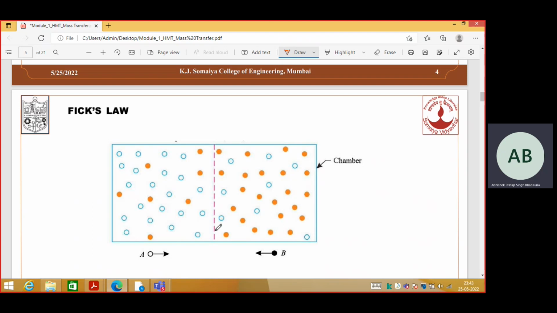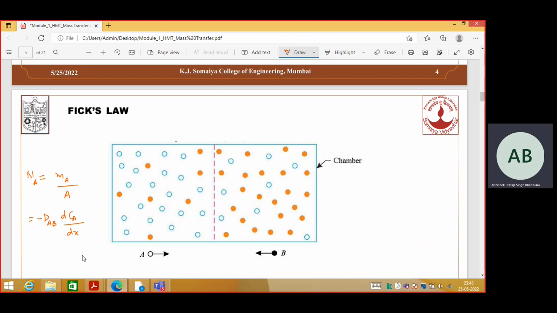That can be expressed by this expression: N_A = M_A / A = -D_AB dC_A/dx.